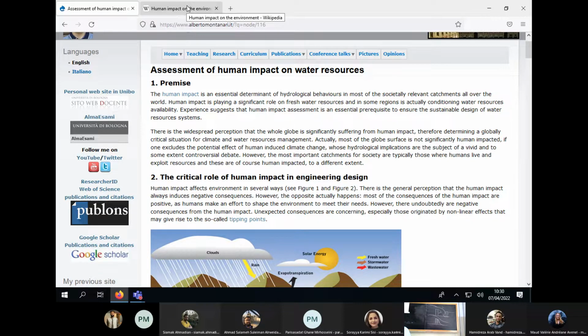So we still don't know if climate change is causing a global increase of flood risk. Of course, in some situations when floods are dominated by snow melt, global warming is increasing the risk of flood.